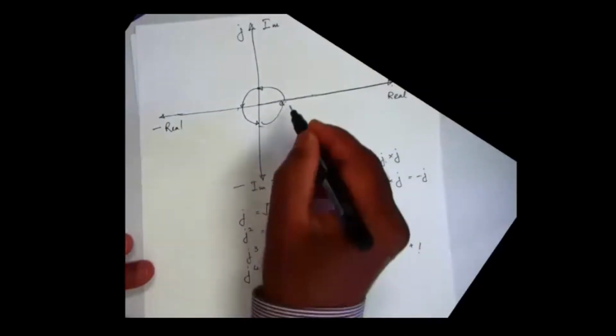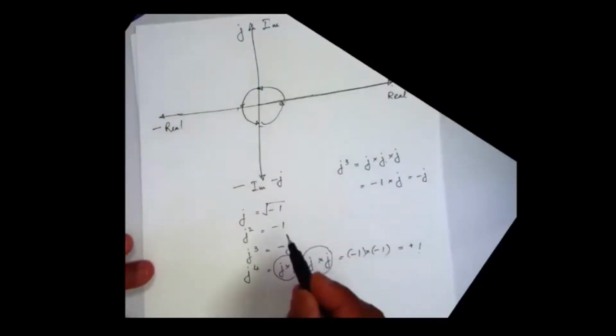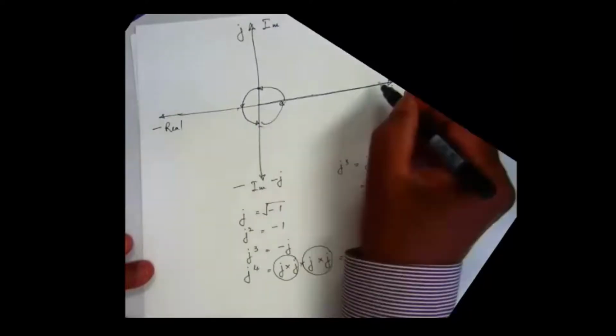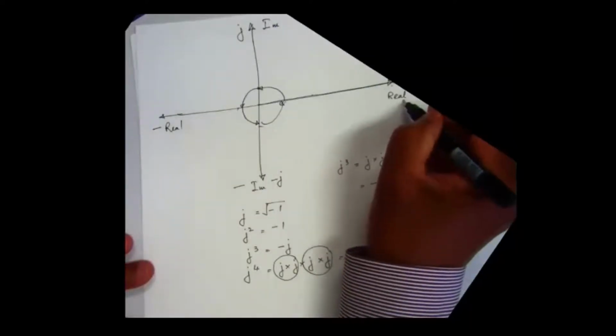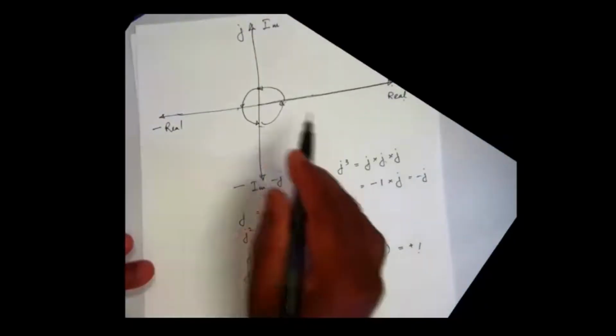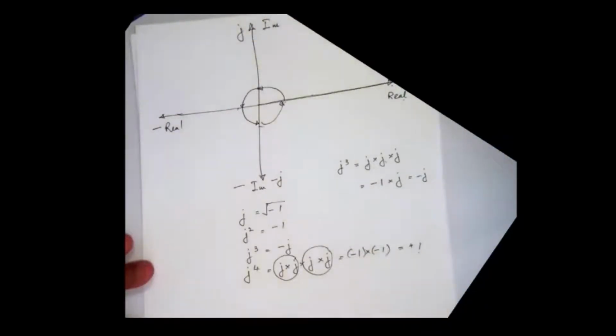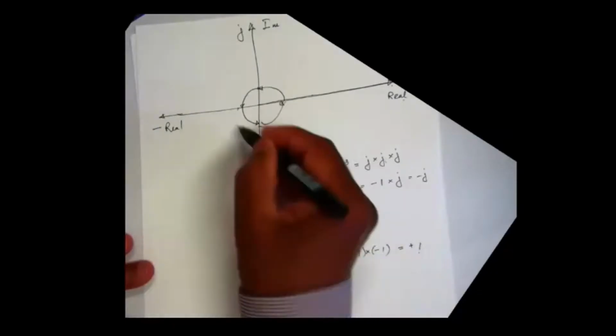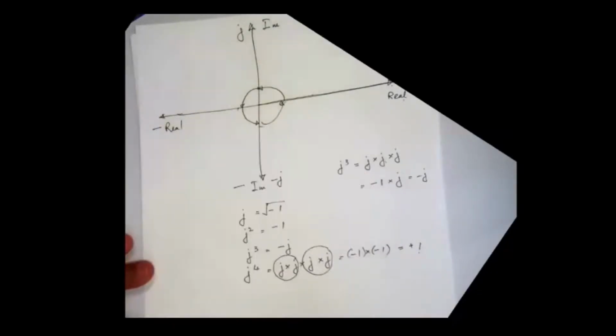So we can see that taking this x-axis as the real axis and y-axis as the imaginary axis has justified what we have assumed or what we have inferred.